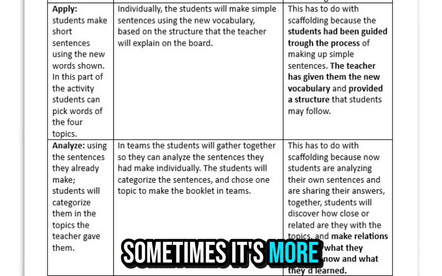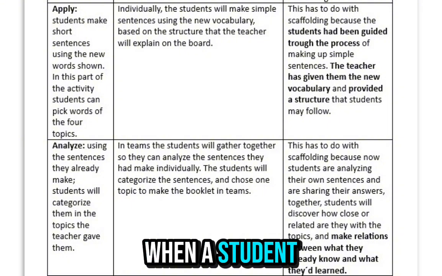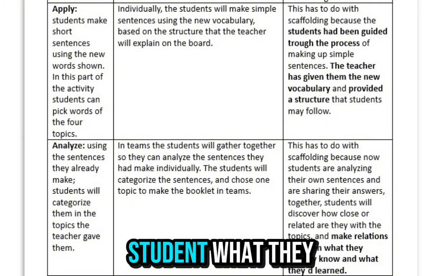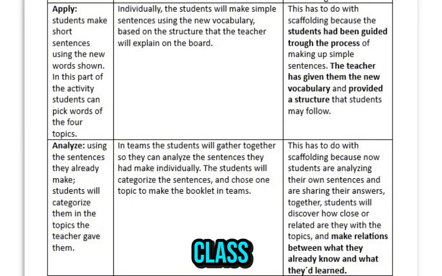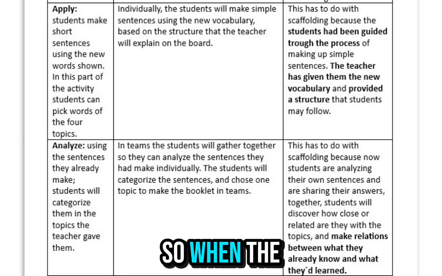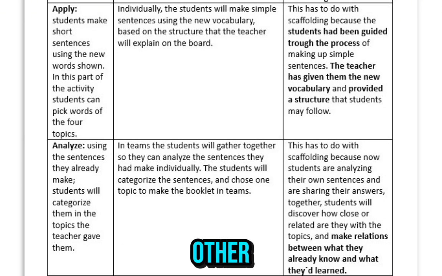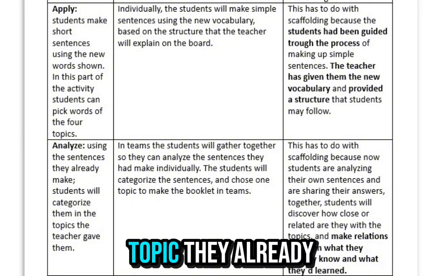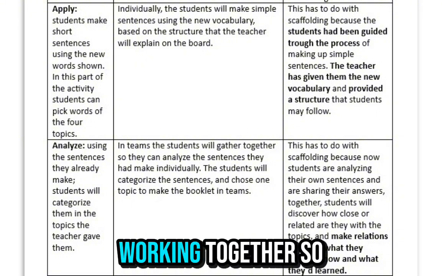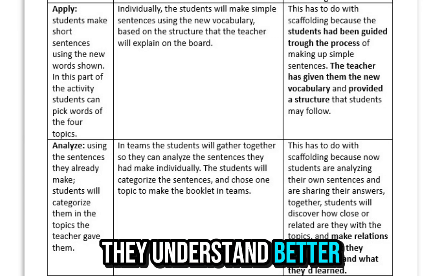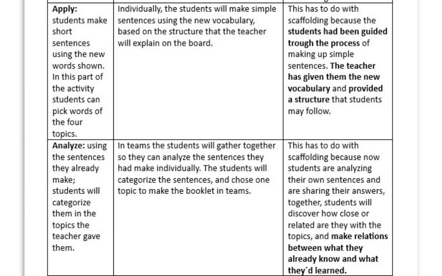Sometimes it's simpler when a student explains to another student what they had seen in class. So, when the students help each other, they are developing scaffolding because they are making the topic they already saw simpler and they are working together so they understand the topic better.